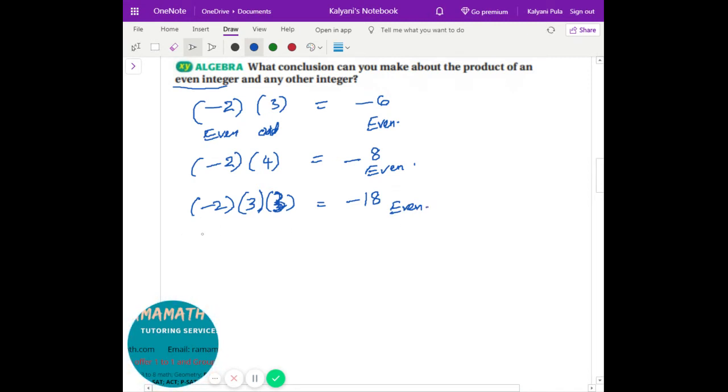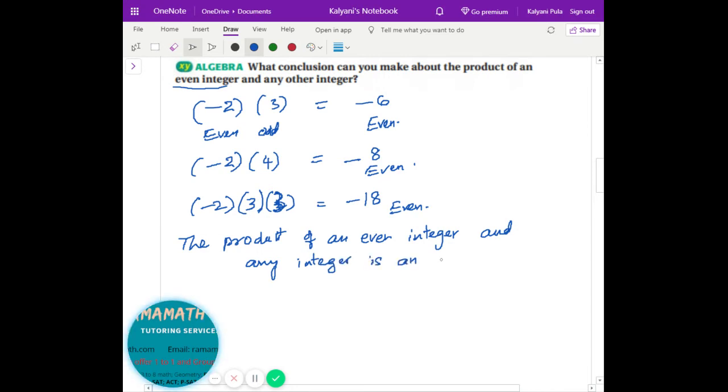So what conclusion can you make? If the product of an even integer and any other integer, then the product is an even integer.